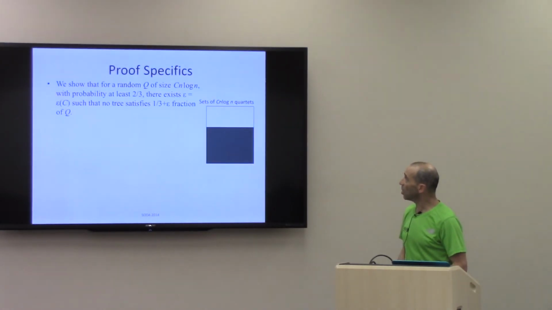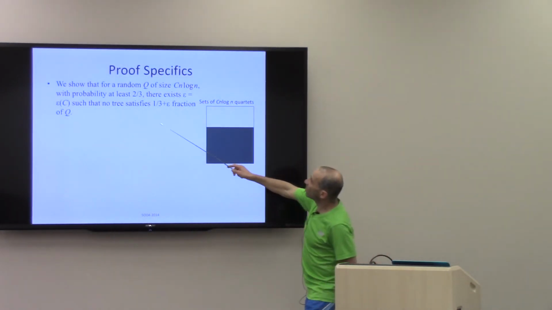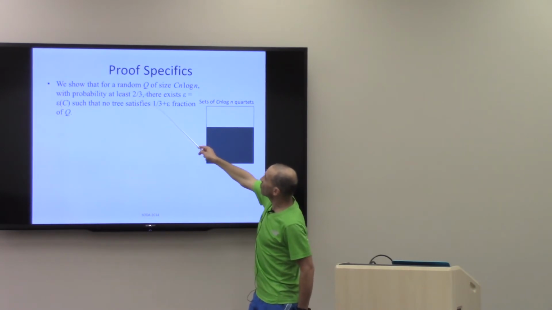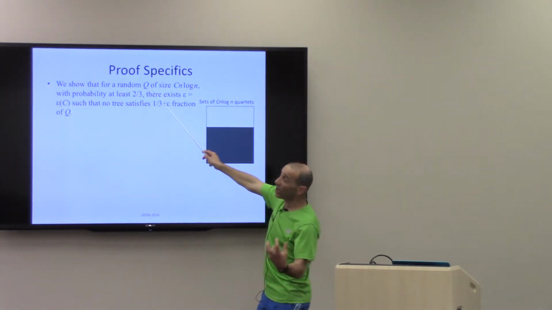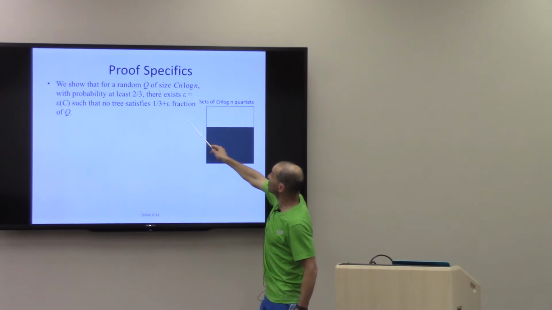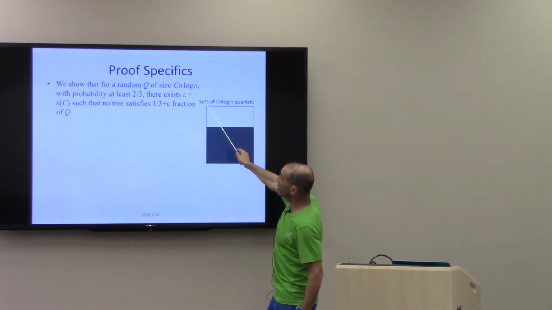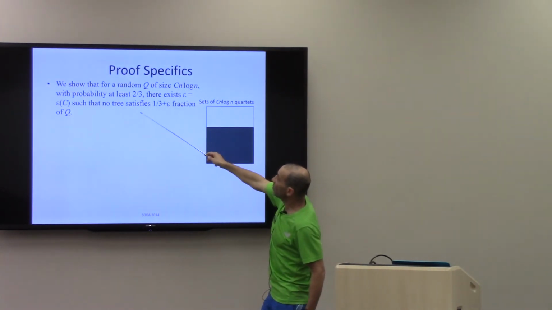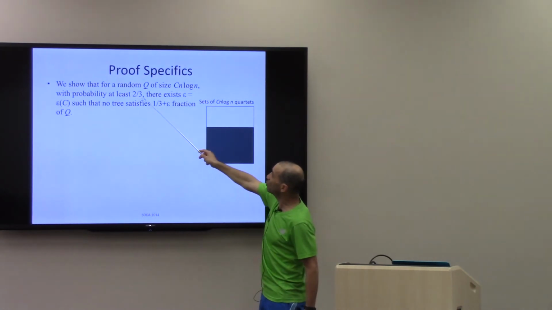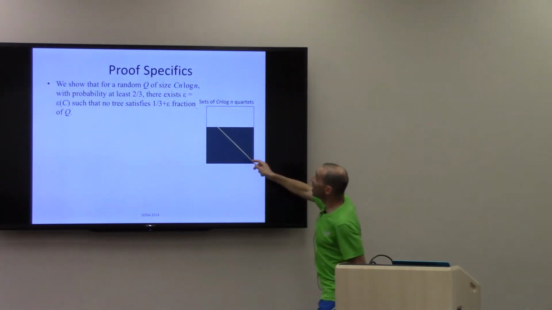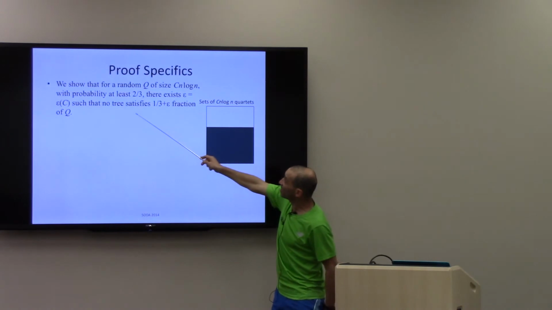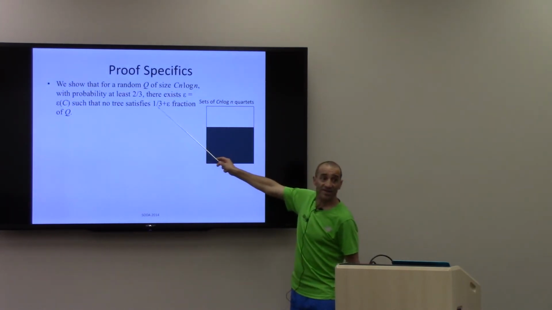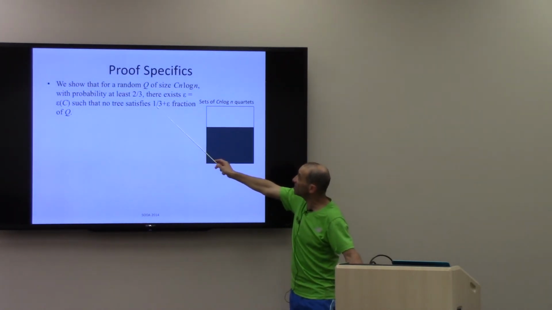We show that for random quartet sets of size O(n log n), with probability at least 2/3 there exists epsilon such that no tree satisfies more than a fraction of them. So this is very inconsistent.